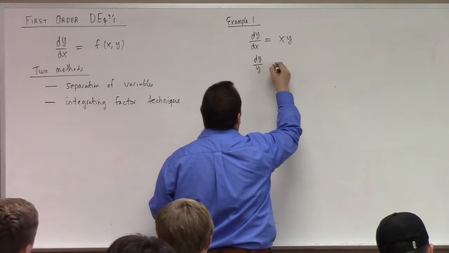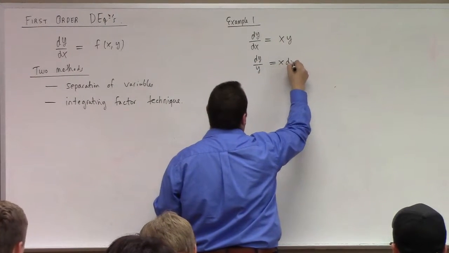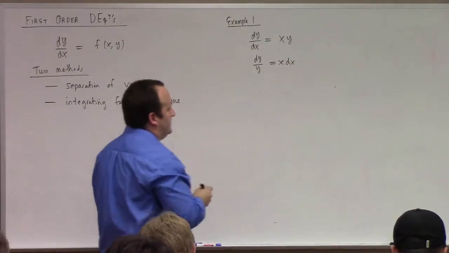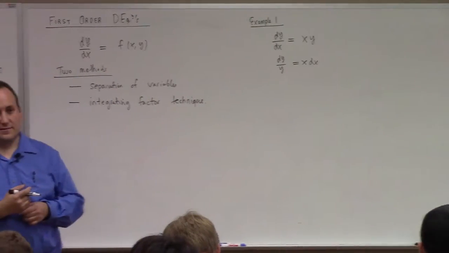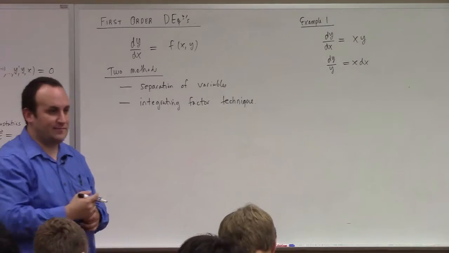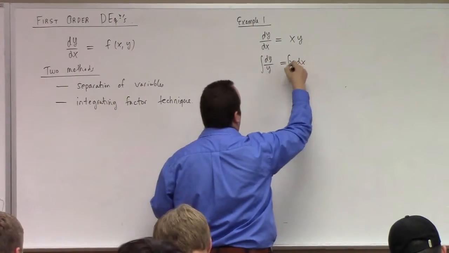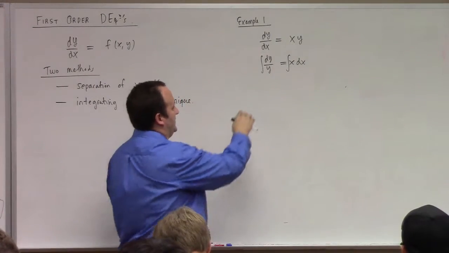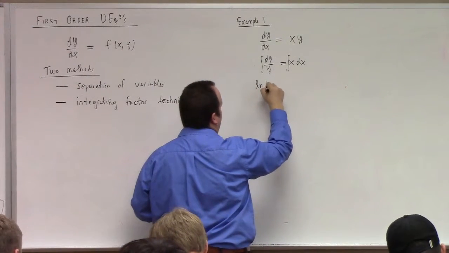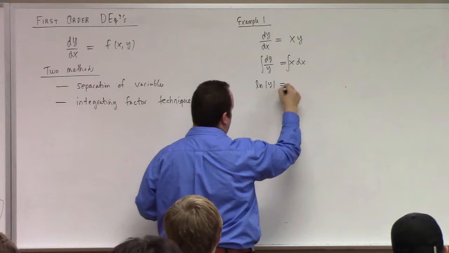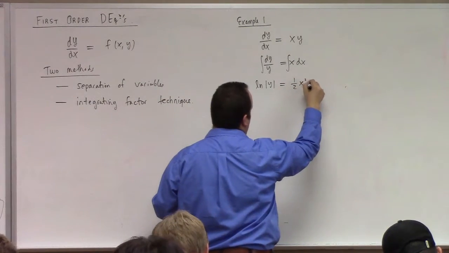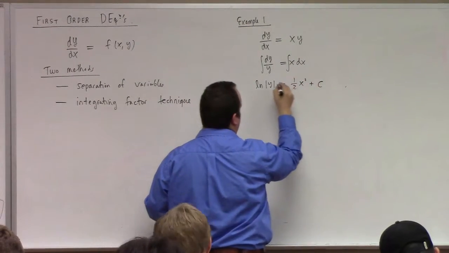Let's see here, dy over y is equal to x dx, and then you know what you do? Yeah, we integrate both sides. And of course, this gives us the log of the absolute value of y is equal to 1/2 x squared plus a constant. And there you go.